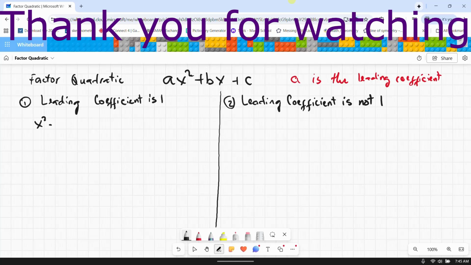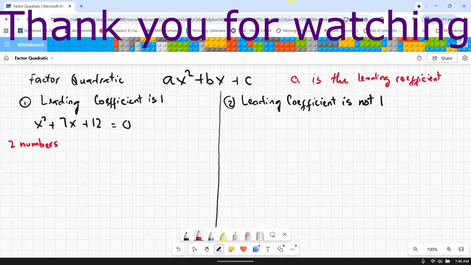I have x squared plus 7x plus 12 equal to 0. So how do we factor this? First, we need to find two numbers.